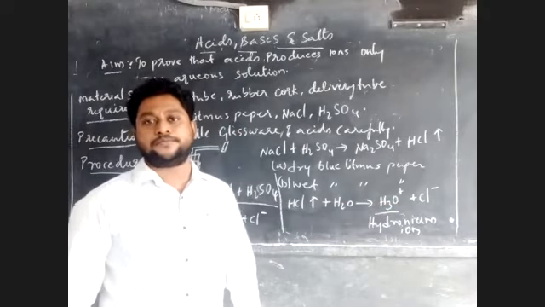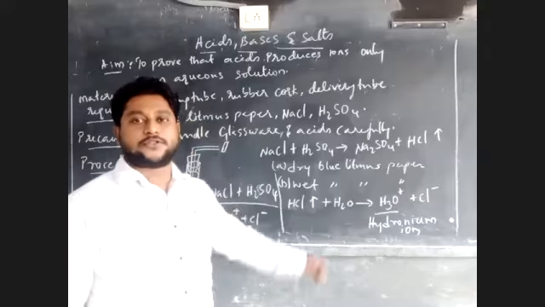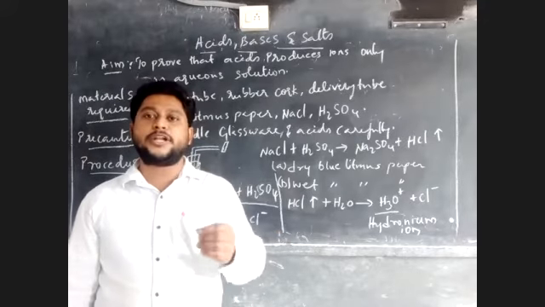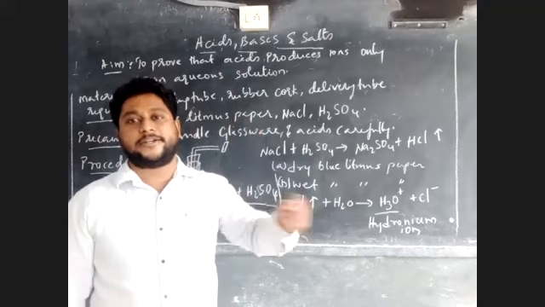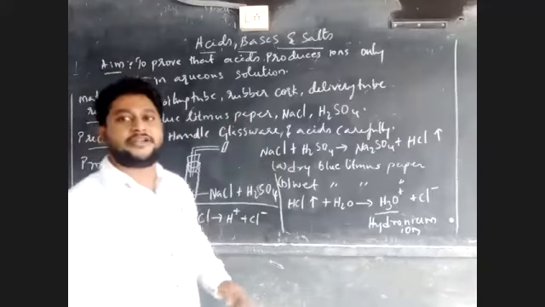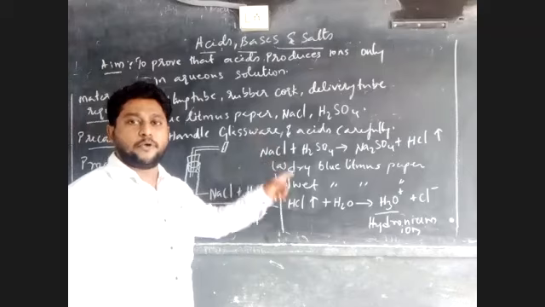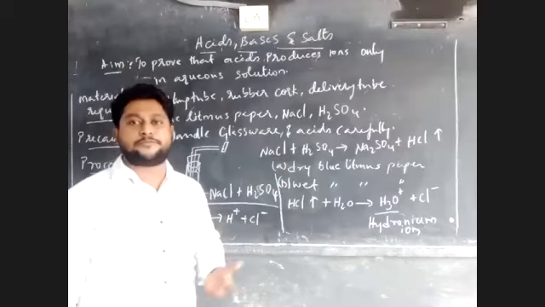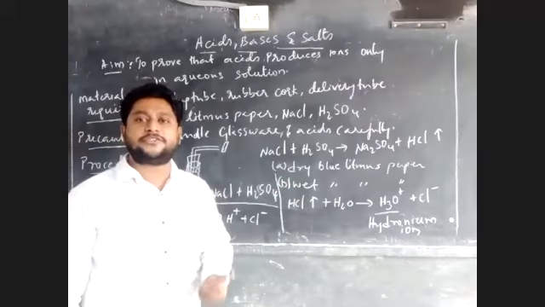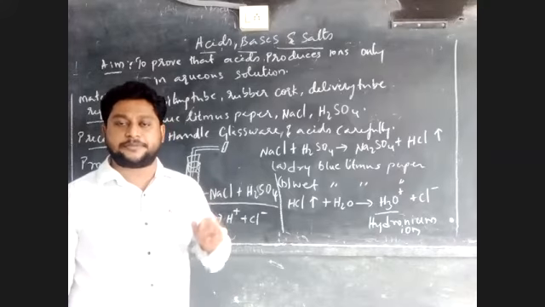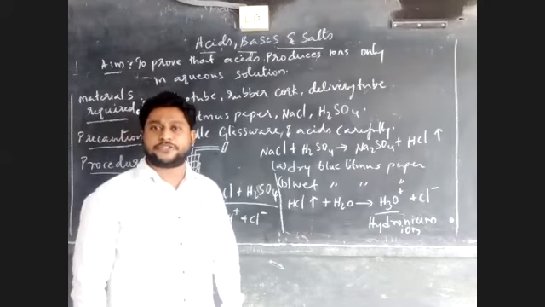Hydronium ion. So these hydronium ions will make the blue litmus paper turn red. In the first condition, that is dry blue litmus paper, the blue litmus paper does not change to red because there is no moisture.